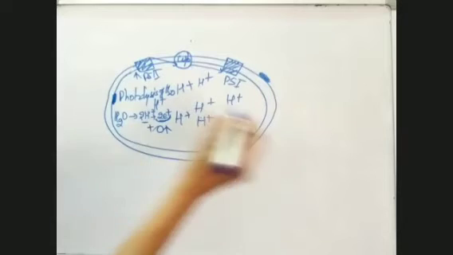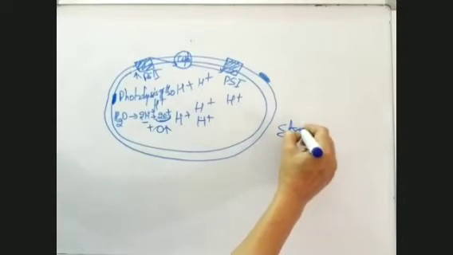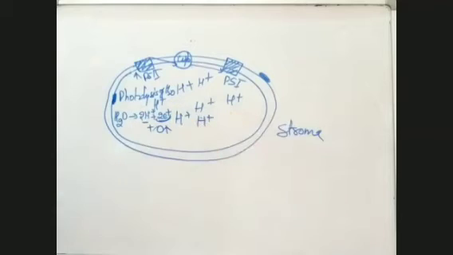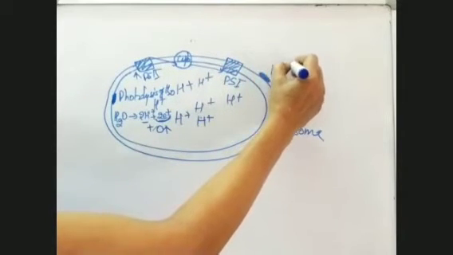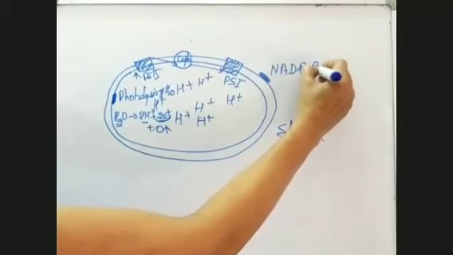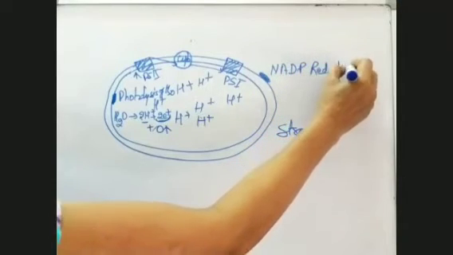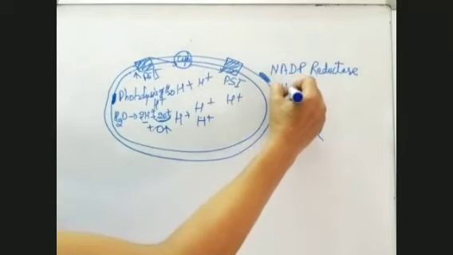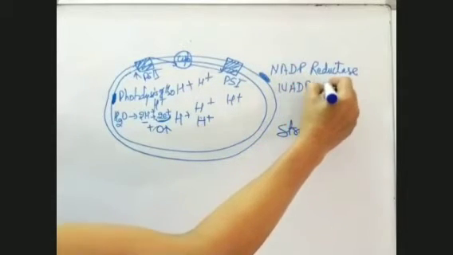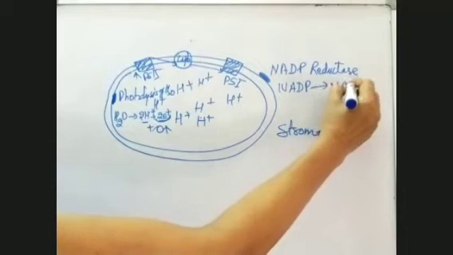Third thing I told you: outside this is the stroma, and this is the lumen of the thylakoid. Here we have the NADP reductase enzyme, and because of this enzyme, NADP is reduced to NADPH2.